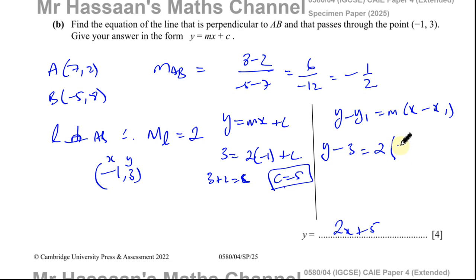Then we have x minus the x coordinate, so it's x minus minus 1, so x plus 1. So you end up with y equals 2x plus 2 plus 3, which is 2x plus 5. We have the same answer for part B. Whether we do it in this method or that method, we get y equals 2x plus 5.